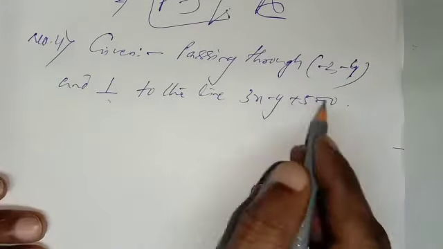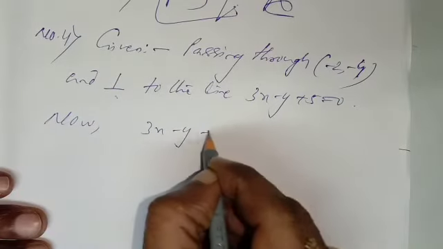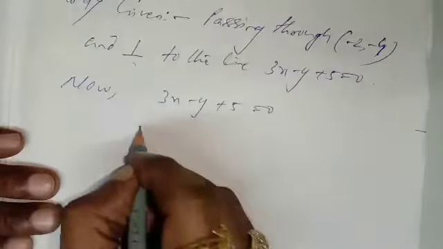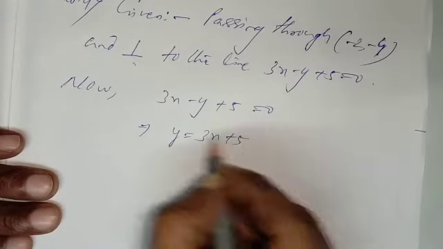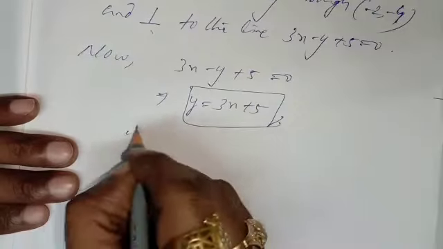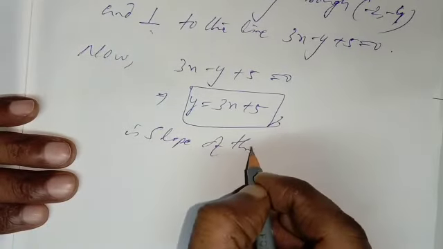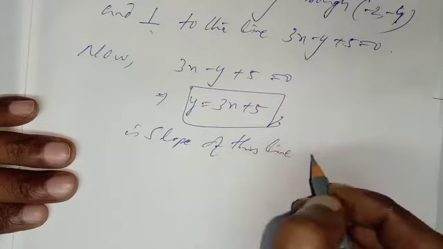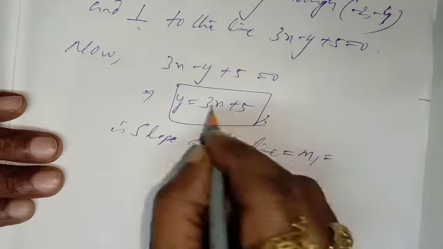That means the slope of this line you have to find out. The slope of 3x minus y plus 5: y is equal to 3x plus 5. Therefore slope of this line, let that be m1, is equal to 3.